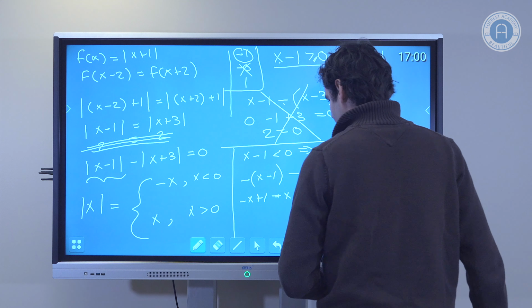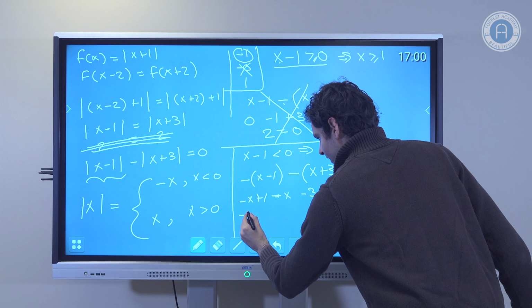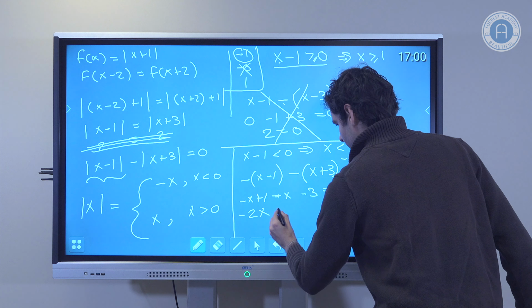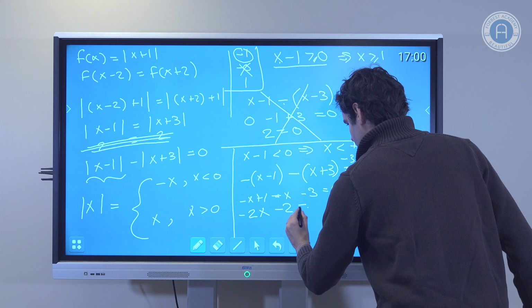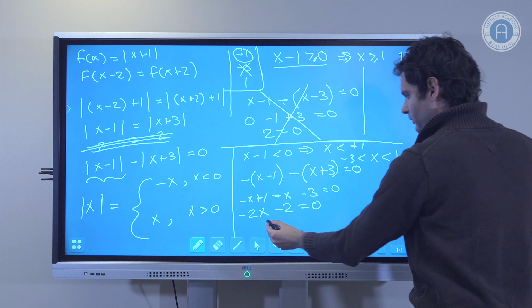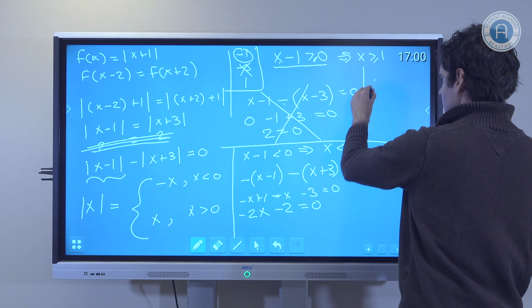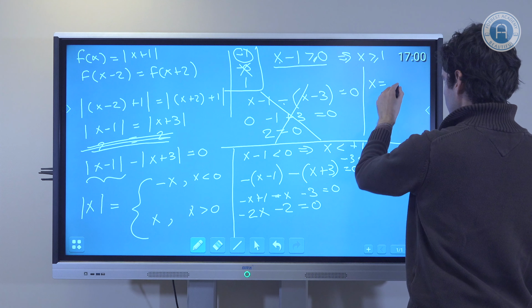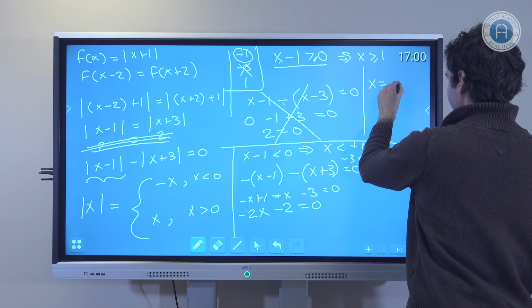So minus x, that's minus 2x. Minus 3 plus 1, that's minus 2, equals 0. And so finally, solving for x, we'll solve for x here, this is just minus 1.